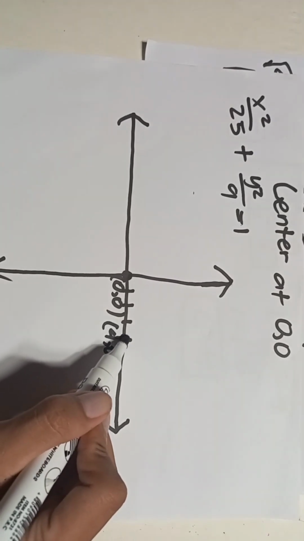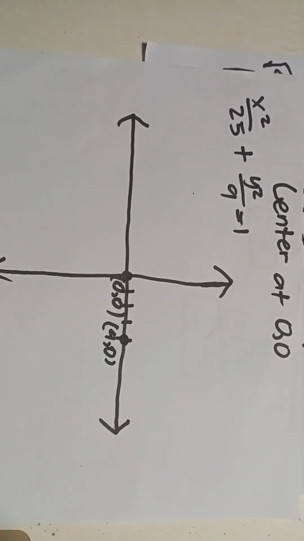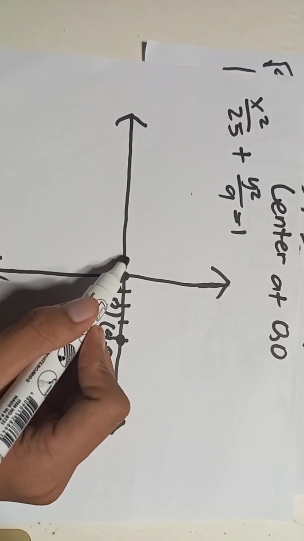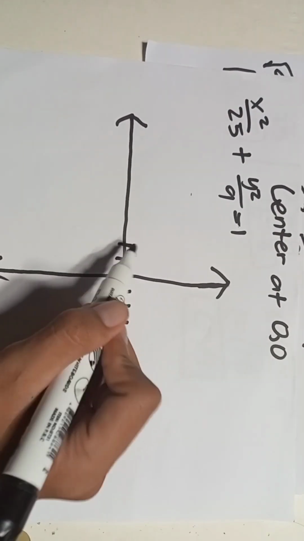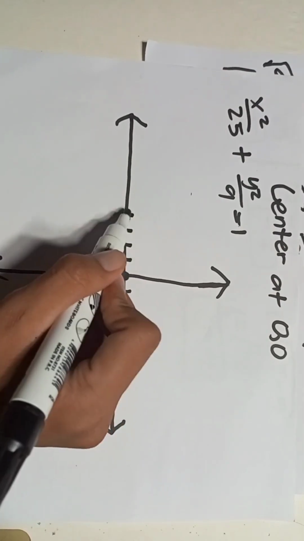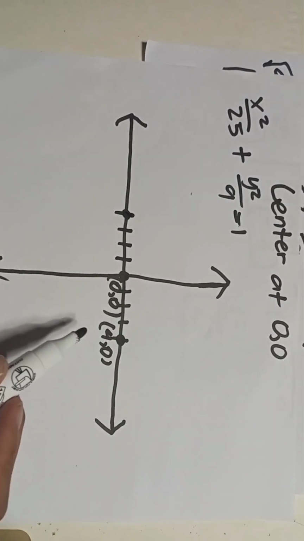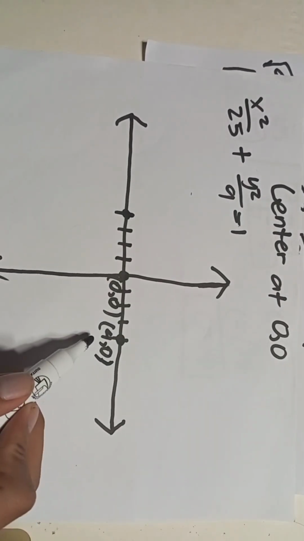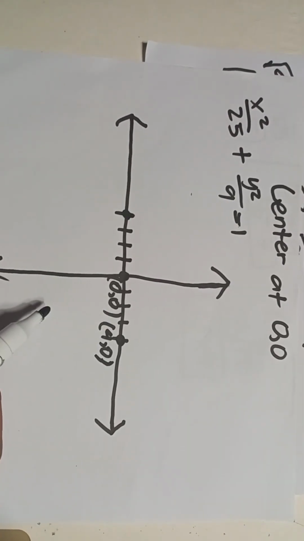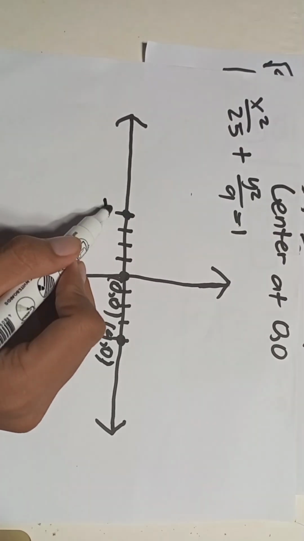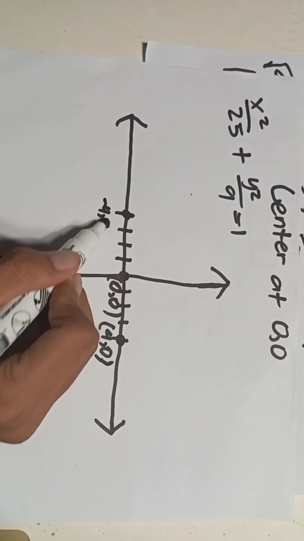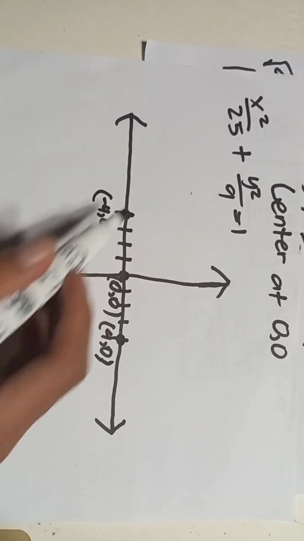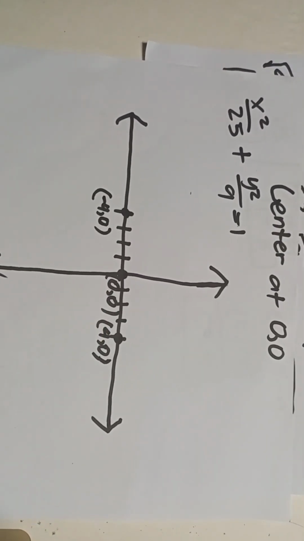And from the other side, 1, 2, 3, 4. Our focus here is 4, 0, and our focus here is negative 4, 0. These are our foci.